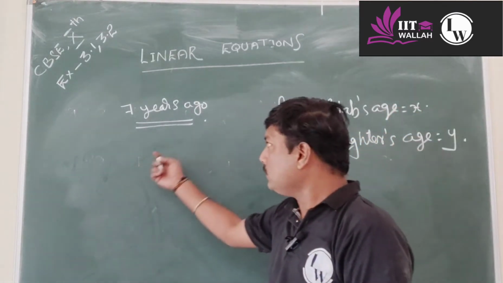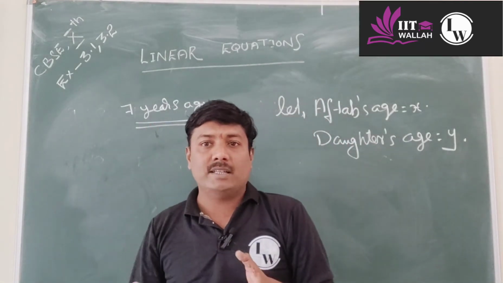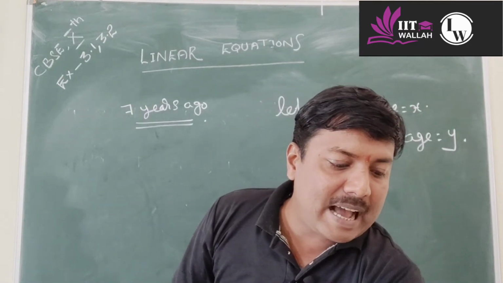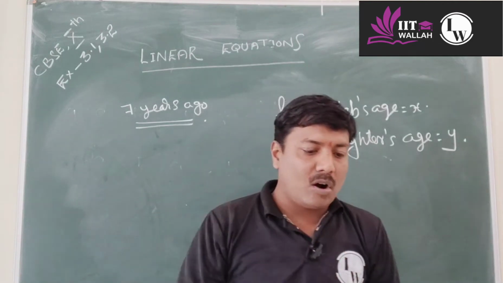Now the first condition is happening 7 years ago. Aftab is saying that 7 years ago, I was 7 times as old as you were then.